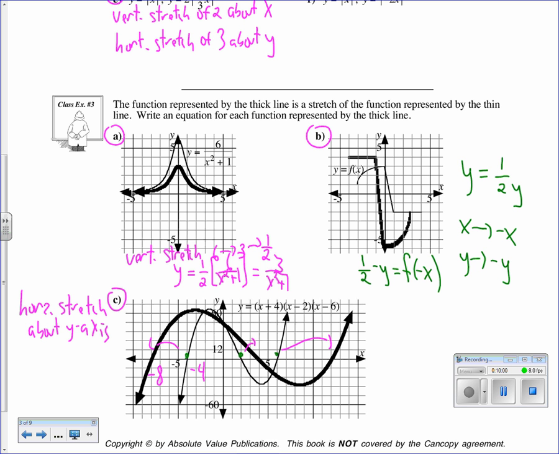So my x was stretched by a factor of 2. Somehow that stretching took my x-intercepts and changed a -4 into a -8. And that would have been by multiplying by 2.